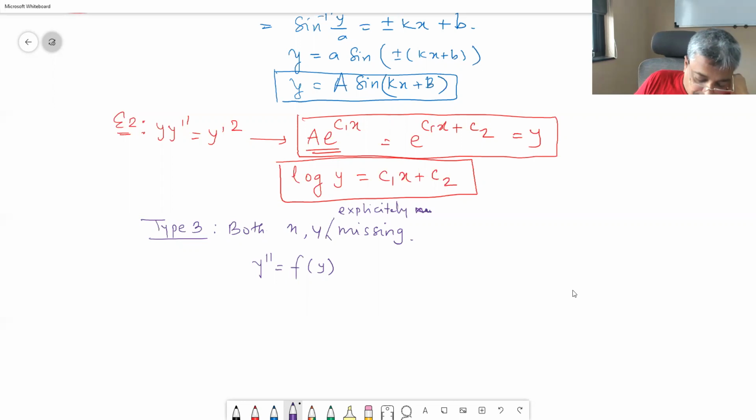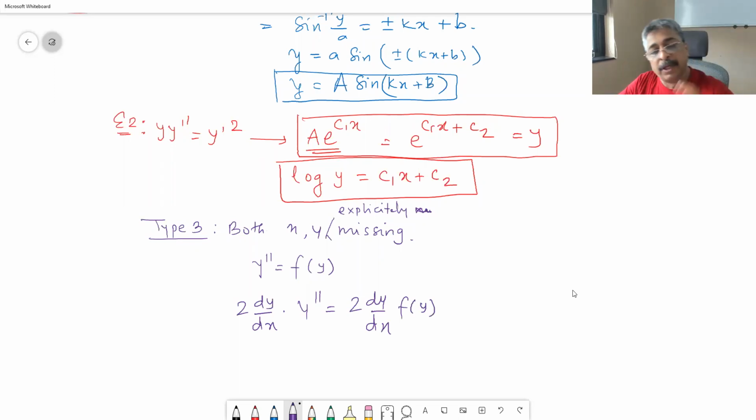Okay, the trick is to multiply both sides by 2 dy by dx. Into y double dash is equal to 2 dy by dx into f of y. Okay, what does this mean? This means 2 y dash y double dash is equal to 2 y dash f of y.